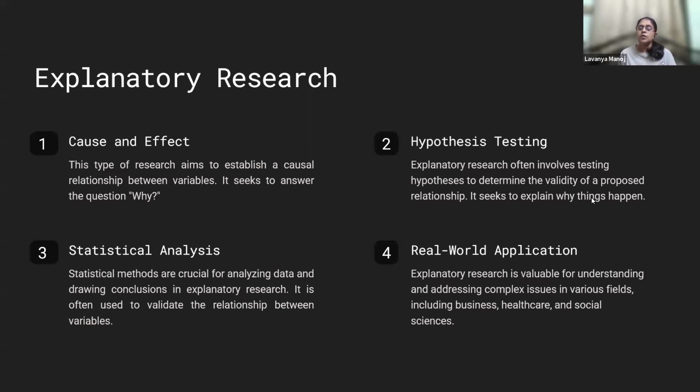Hypothesis testing: it often involves testing a hypothesis to determine the validity of a proposed relationship. It seeks to explain why things have happened. So let's see an example in real-world application. This is valuable for understanding and addressing complex issues in various fields like business, healthcare, and social sciences.